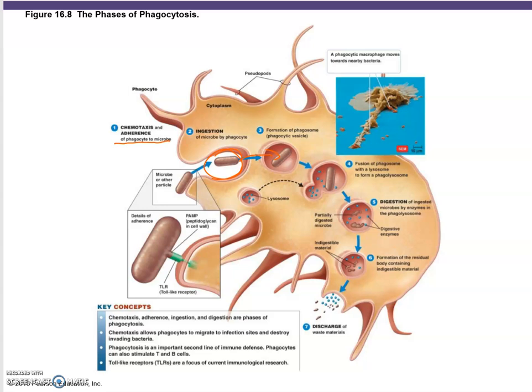Now we have this microorganism in the vesicle. Now we need to fuse a lysosome. So now we're fusing a lysosome. We have a phagolysosome, and the hydrolytic enzymes will digest the bacterium. You can see it's completely picked apart. And then a lot of times the phagocytic cell, like a macrophage, will spit out the trash, basically.